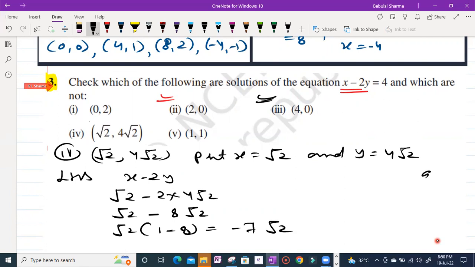Minus 8 root 2 plus root 2, that is minus 7 root 2, और this is not equal to right hand side because right hand side हमारा 4 है. So हम कहेंगे therefore (root 2, 4 root 2) is not a solution.